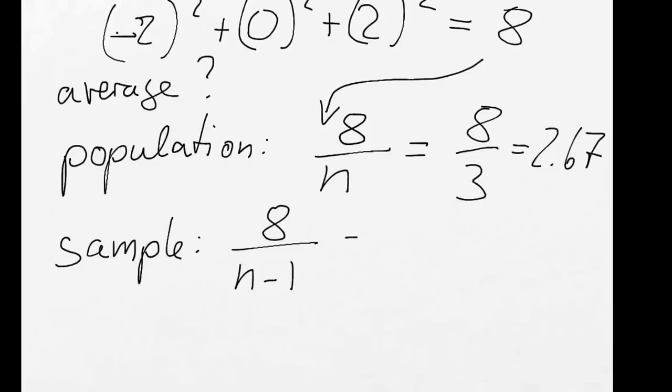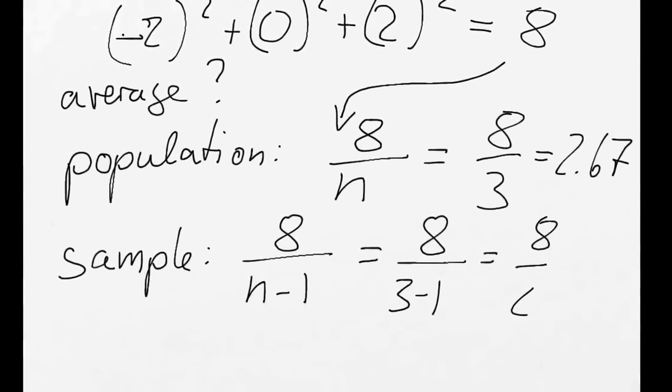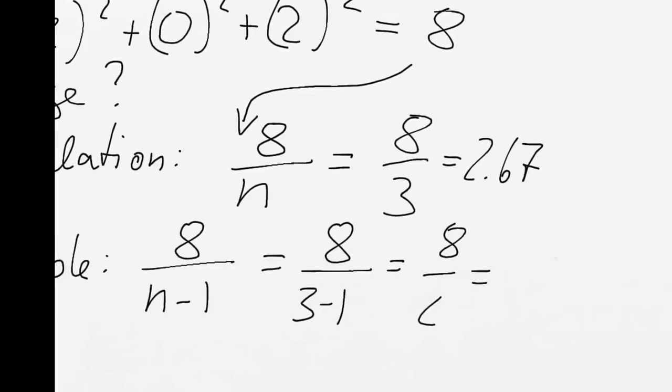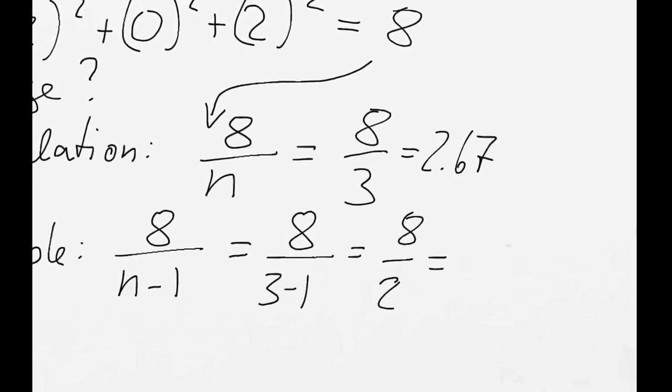So that would be 8 divided by 3 minus 1, which is 2, equals 8 divided by 2 equals 4.